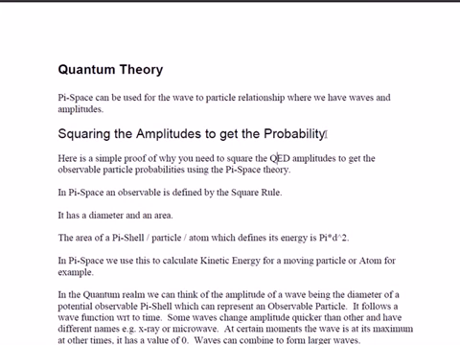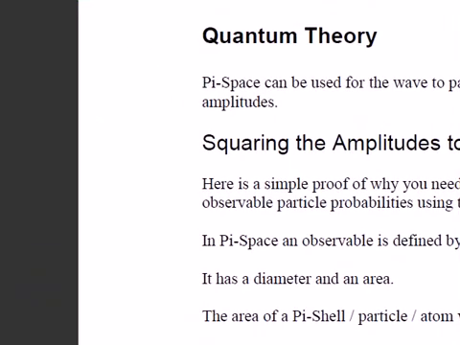Okay, so I'm going to give you a very simple proof of why you need to square the amplitudes to get the probability, and how you figure out where the pi shell is going to appear, or the particle is going to appear, and why it works the way it does according to pi space, which is a theory. So the first thing is that a particle, as I've already shown you, has a diameter and it has an area. And as I've shown in the previous work, the relativistic work, the area maps to the energy of the object, and that's why E is equal to mc squared. The full version in pi space is E is equal to m times pi times c squared. You just add the constant pi.